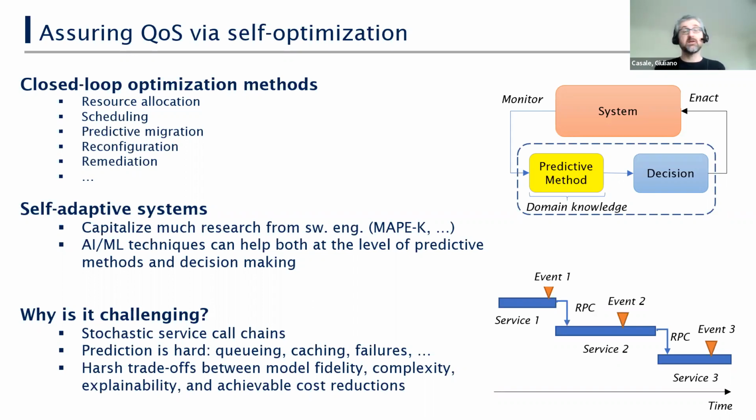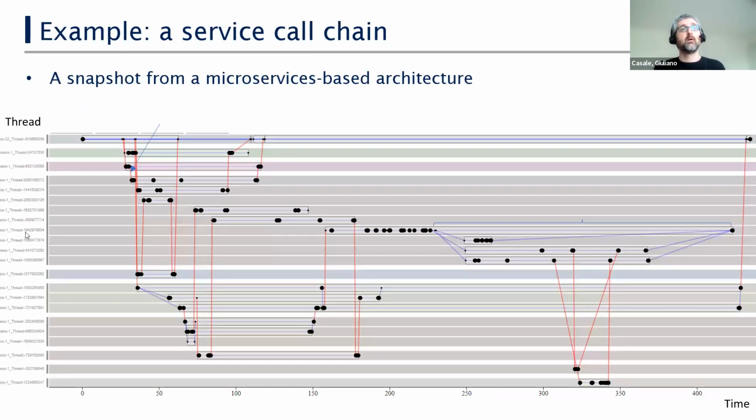And as I said, there are many complications due to heterogeneity and other inherent characteristics of the domain, but there are also challenges that relate to the complexity of the software that runs on this fog infrastructure. Let's try to see this with an example. What you see here is a call chain for a microservices-based architecture.